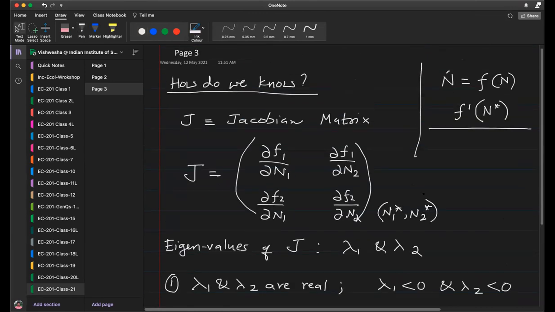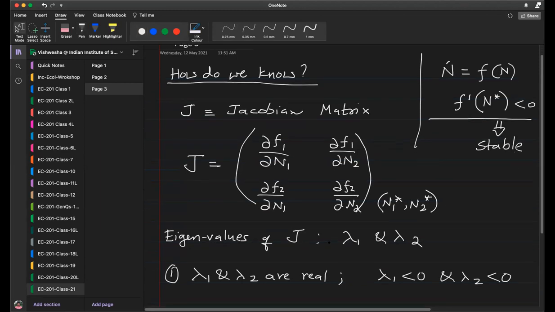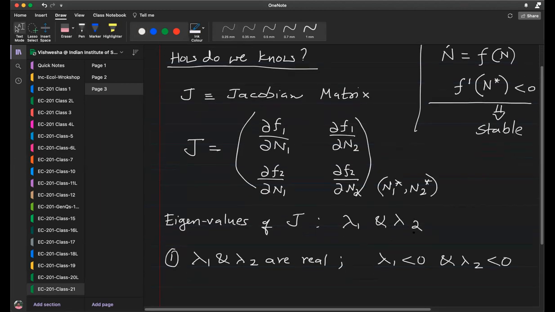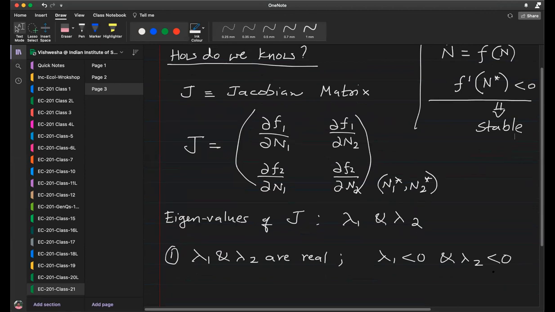That corresponds to what we had here. If this was less than 0, we called it stable, right? For a single species. Now for a two species system, if both eigenvalues are real and less than 0, then we have a stable equilibrium. That's the first scenario.